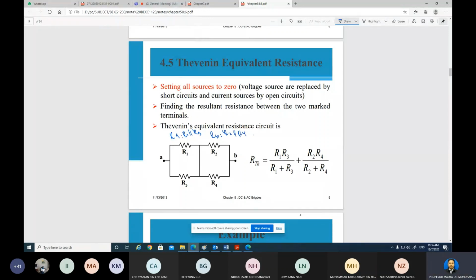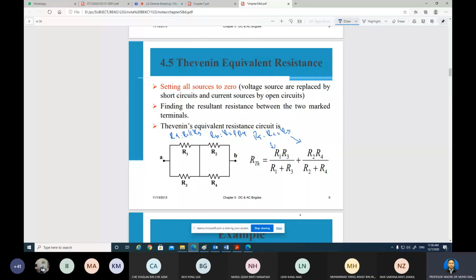Then R total equals RA plus RB. That's how you get this equation, one to calculate RA and one to calculate RB. This is what we call the Thevenin resistor.